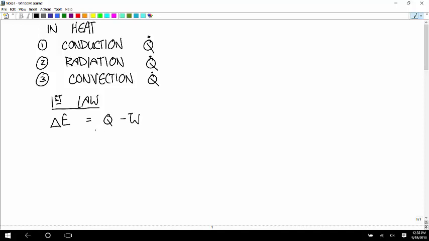And so we'd like a form that fits that for the first law. Together, these suggest that we want a differential form of the first law.